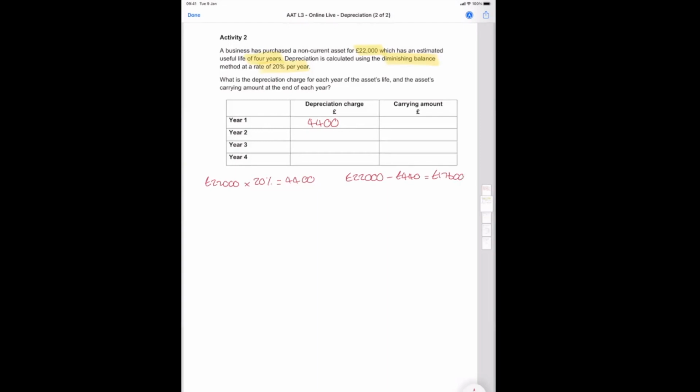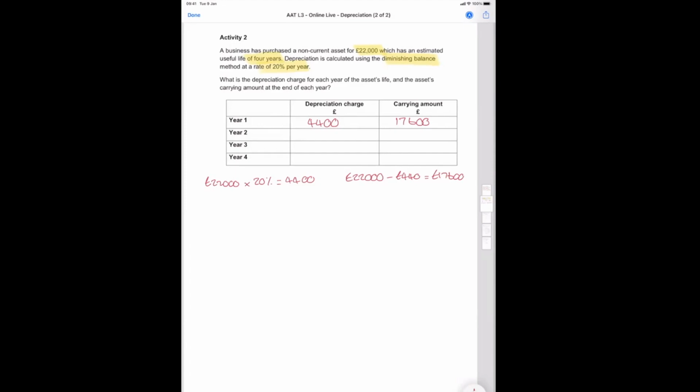Okay, so we can enter that into our carrying amount box. So what we're saying is we bought whatever this non-current asset is, say a vehicle or a piece of machinery, for 22,000, and after a year, when depreciation has been charged, we're estimating that it's now worth £17,600. Okay, so it's lost value over that first year.